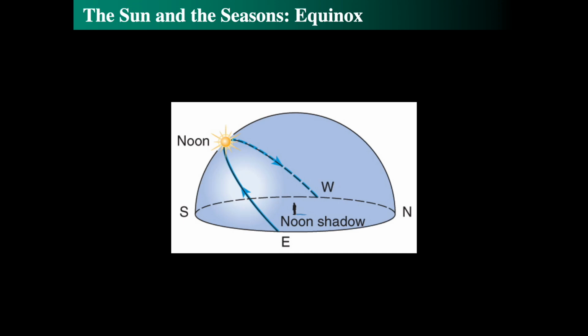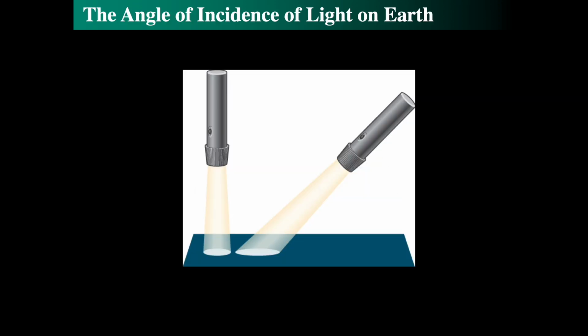All right, so why do we care about shadows? This is why. Because the angle of incidence of the source of light on the Earth distributes the light differently. If something is beaming straight down on a surface, the light doesn't spread out that much, and in fact, the spot is smaller.